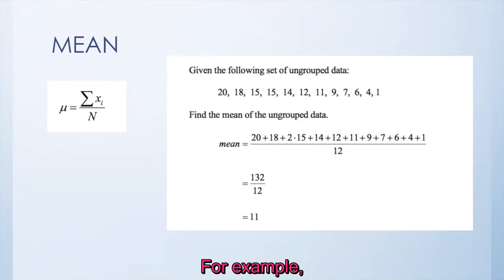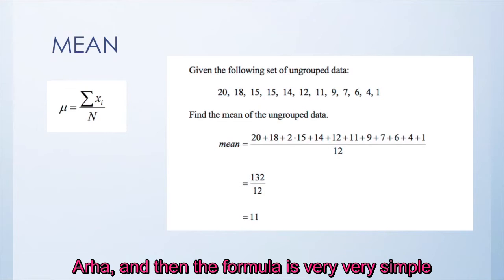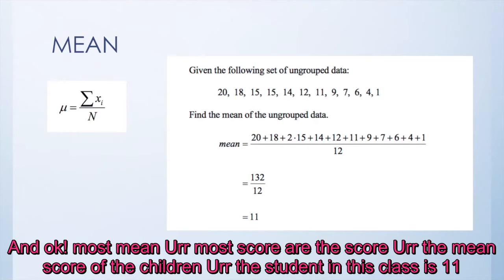For example, you see a set of data from 12 students collected: 3, 4, 5, 6. The formula is very simple. You make a sum of the students' scores and divide by the number of students. And the mean score of the students in this class is 11.